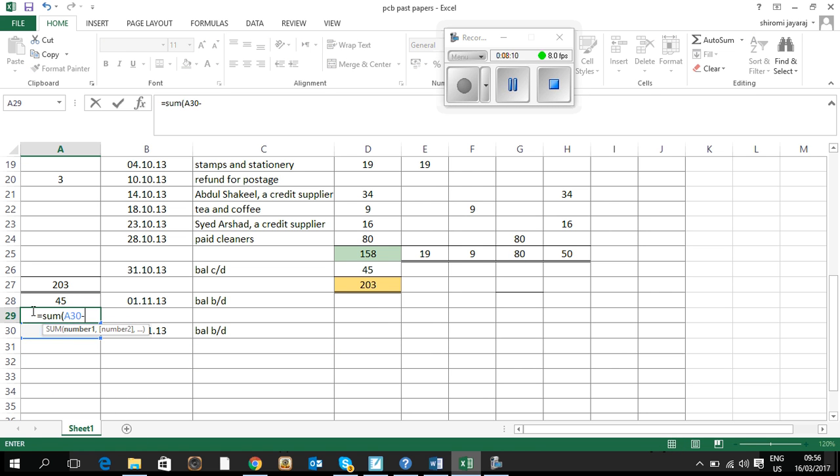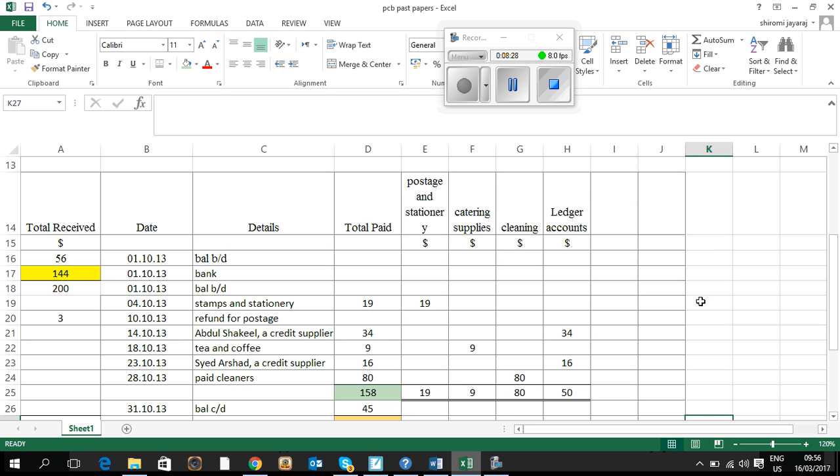And now let's find the value which will be given by the main cashier as at 1/11/13. So here to give it in as bank. Now the whole petty cash is complete.